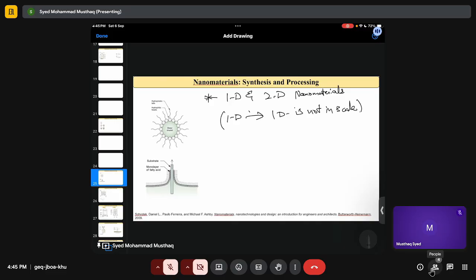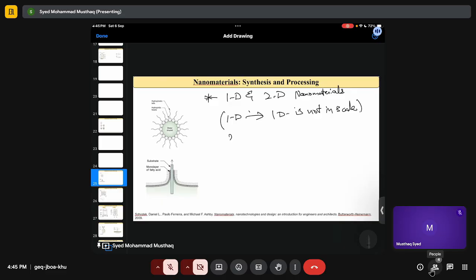So there can be CNTs or graphene, not graphene. Graphene is a two-dimensional material. So CNTs, multi-walled CNTs, single-walled CNTs, nanorods. So these are all one-dimensional nanomaterials.